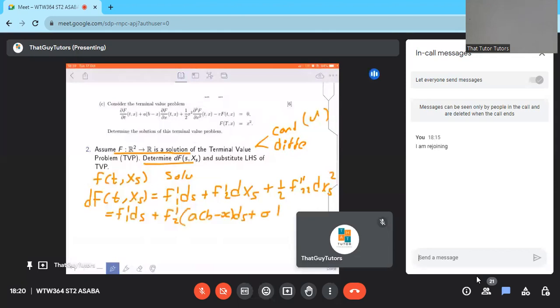And then ds times ds is 0, and ds times dWs is also 0. So you are going to have sigma squared ds. When you simplify this, you can isolate them, right?